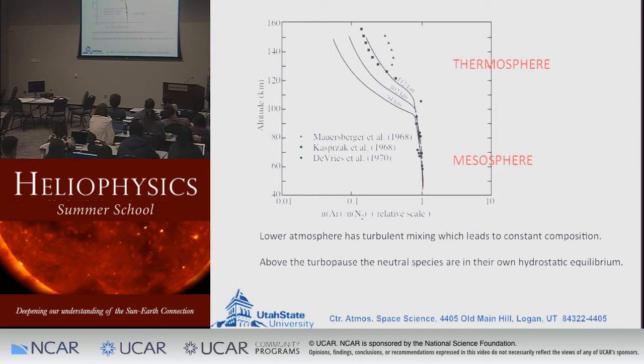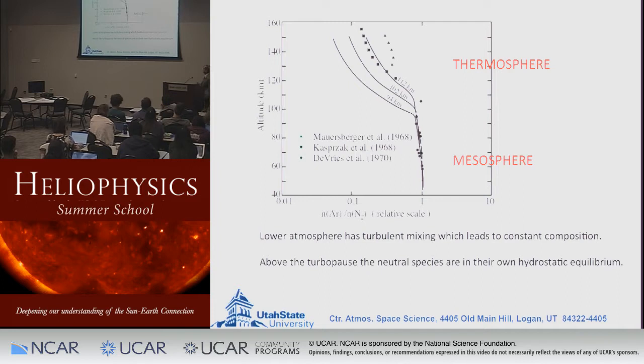Another way of talking about this is from the way in which the gases mix or are not mixing. So the lower atmosphere has turbulent mixing, which leads to a constant composition. So when we talk about the oxygen to nitrogen, we all have a number like 80% is nitrogen molecules, 20% is oxygen molecules. This is true all the way up to about this 120 kilometers.